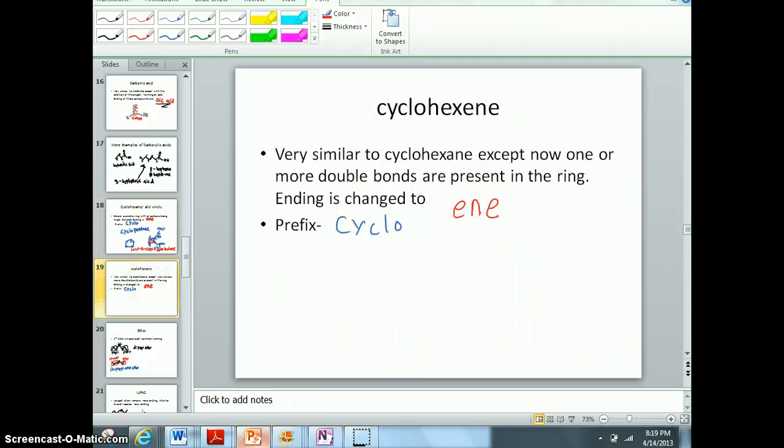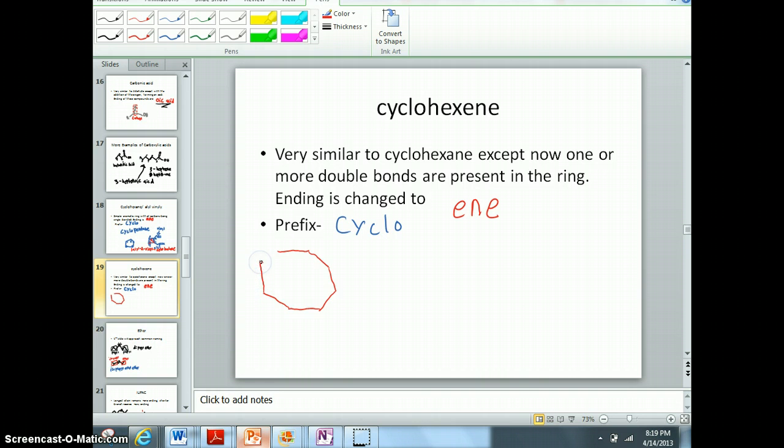Okay, moving on. Cyclohexene, again, just like our cyclohexane, except now, just like in the other ones, we have an ene ending, so it's a double bond. So we'll just take a look at something like this one, 2, 3, 4, 5, 6, 7.